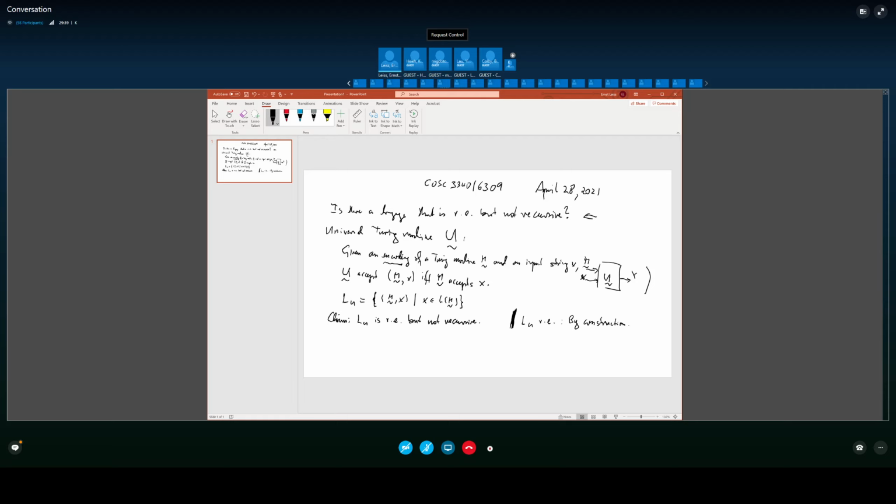And now we have to see whether L sub U is not recursive. So how do we show that? Well, indirectly, say L sub U is recursive.